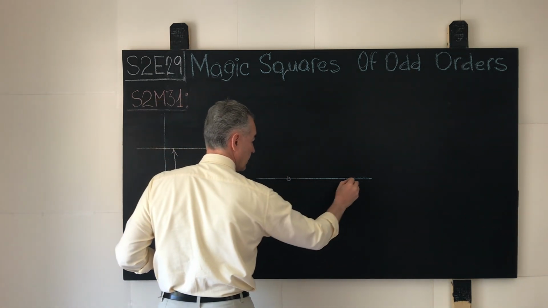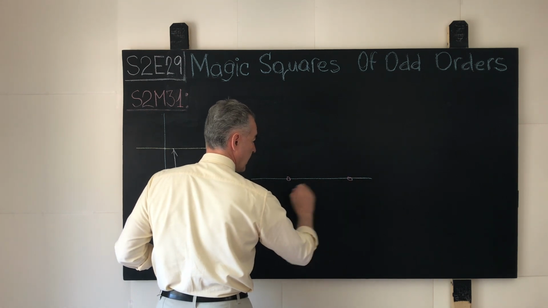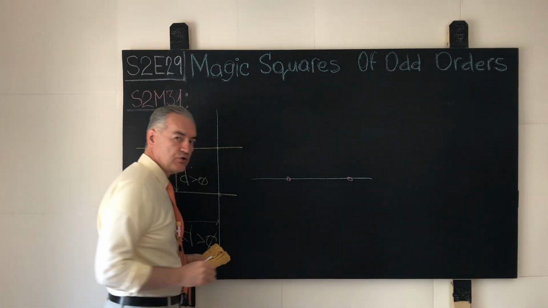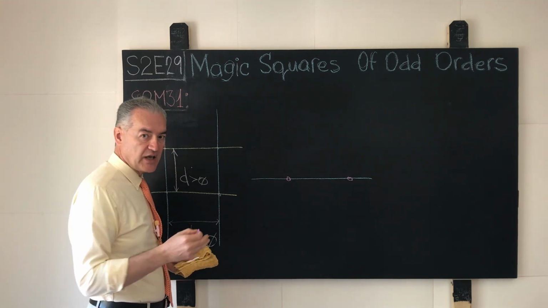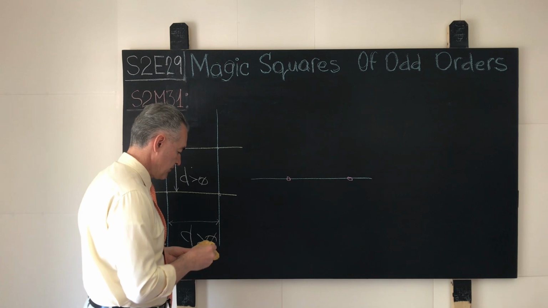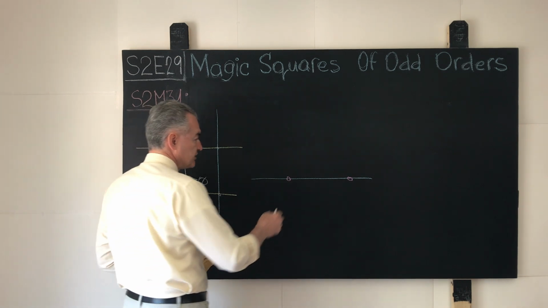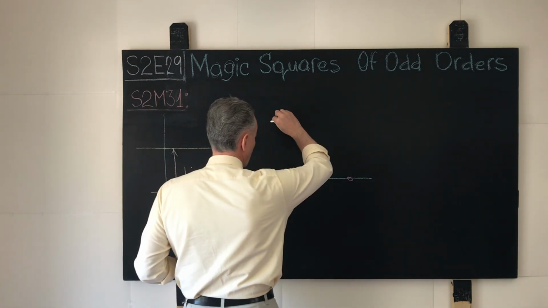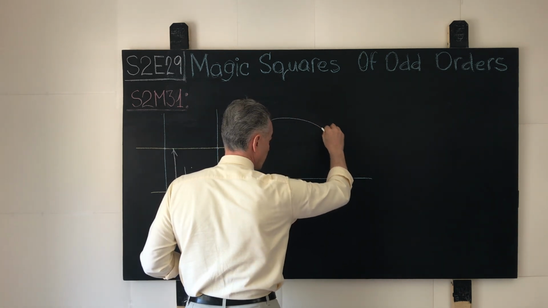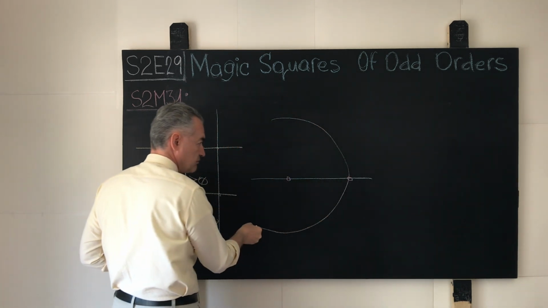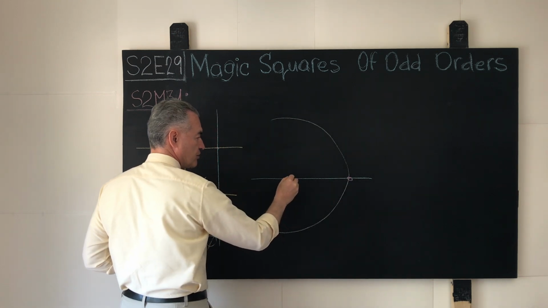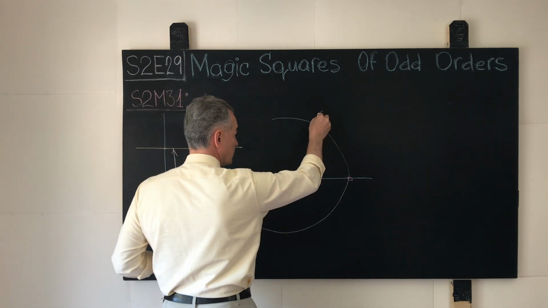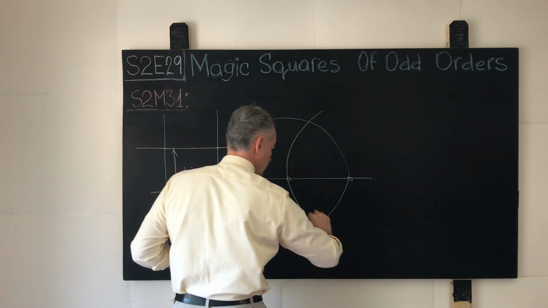This point and this point, and the distance between these 2 points will be precisely the length of a side of the target square. Then, centered at one point, we draw one circle that passes through the other point, and centered at the other point, we draw another circle that passes through its counterpart. So we'll do it this way, let's say.